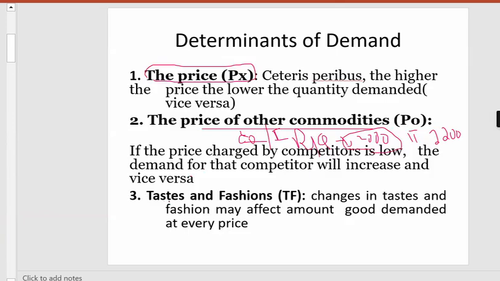You understand? Like for fashions and tastes, if there is a new fashion or taste, people will prefer to buy it, right? The new fashion is more preferred regardless of the price. Kwa mfano t-shirt ni wapa mfano, let's say or polo, something like that.